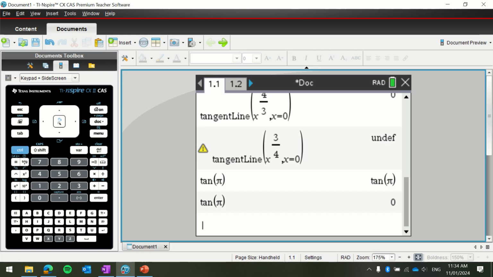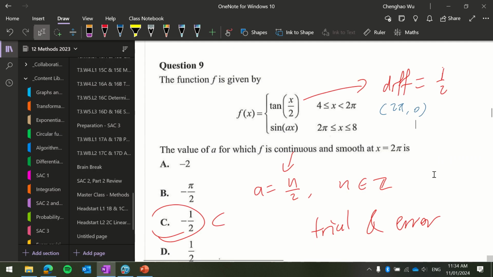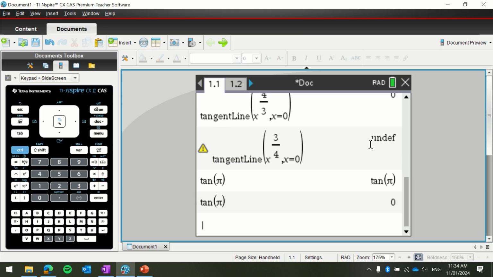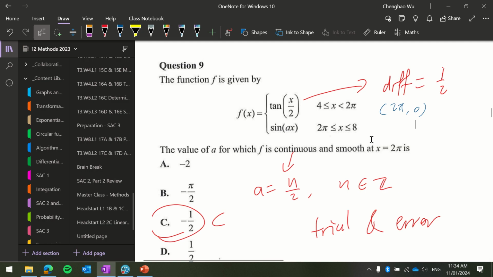2 pi, 0, which means I need this to be sine a 2 pi. I need this to be also 0. Right? When x is 2 pi on the sine function, I need the y value to be 0 also for it to be continuous.